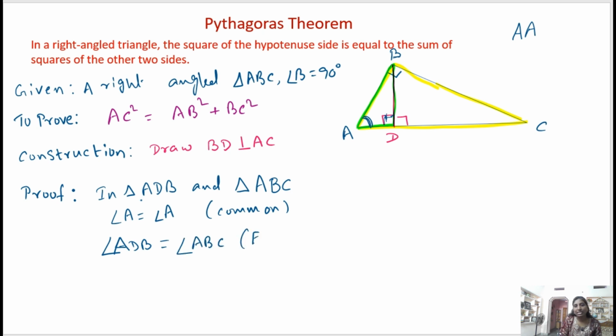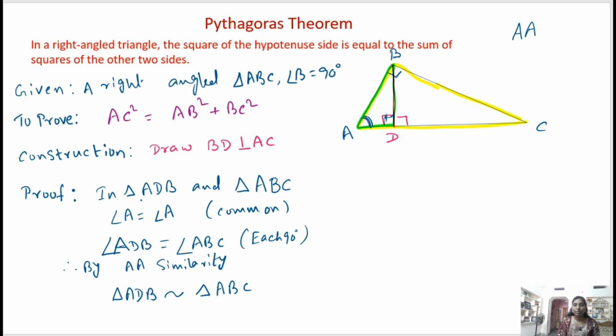Each 90 degree. What is the reason? Each 90 degree. So therefore by AA similarity, triangle ADB is similar to triangle ABC. Okay, we have proved it.